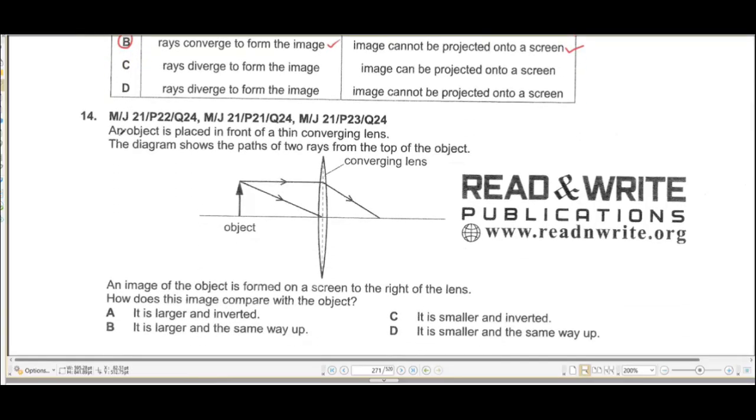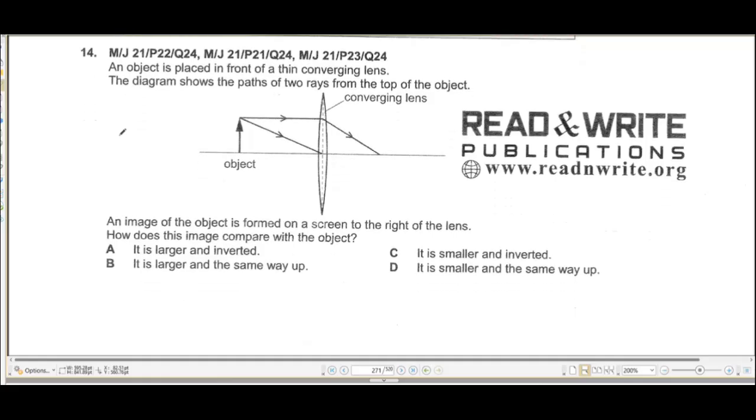Question number 14. An object is placed in front of a thin converging lens. The diagram shows the path of the two rays from the top of the object. An image of the object is formed on a screen to the right of the lens. If the image of the object can be formed on the screen, then the image would be a real one. So how does this image compare with the object?